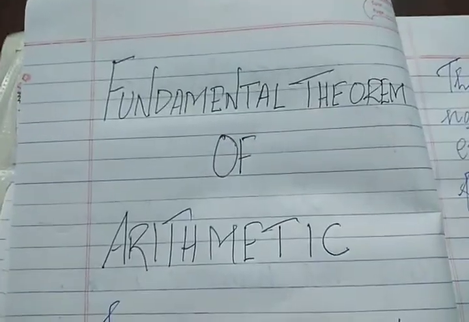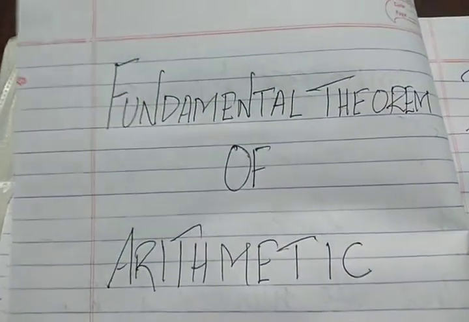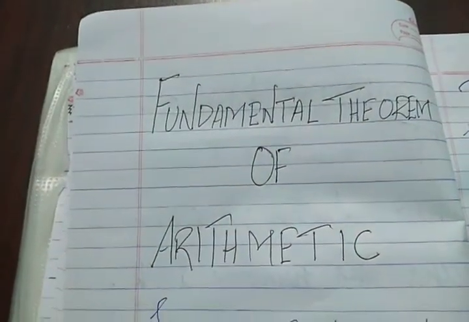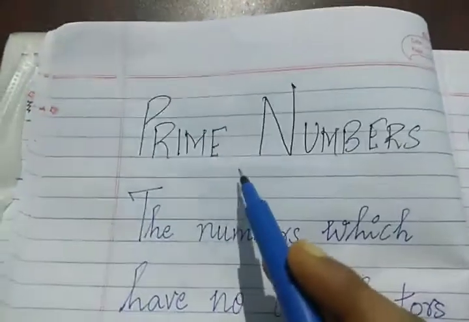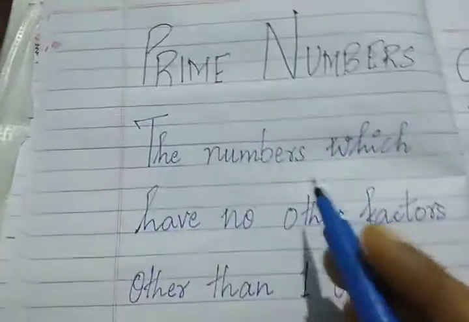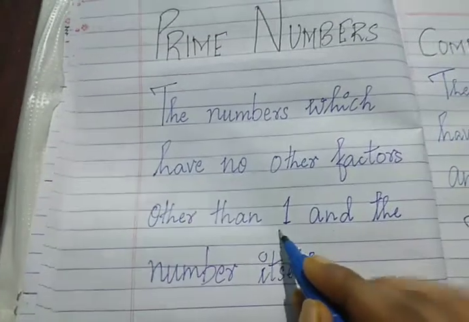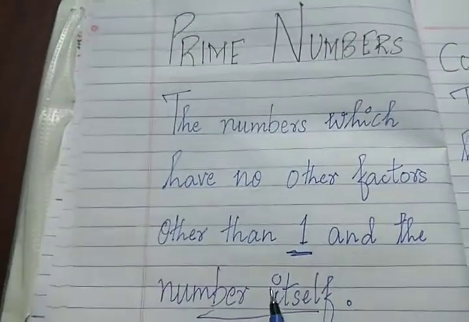Then I'll tell you about its applications. Then I'll explain a few examples about it. Alright, so let me tell you what are prime numbers and composite numbers first. See, prime numbers are those numbers which have no other factors other than 1 and the number itself.